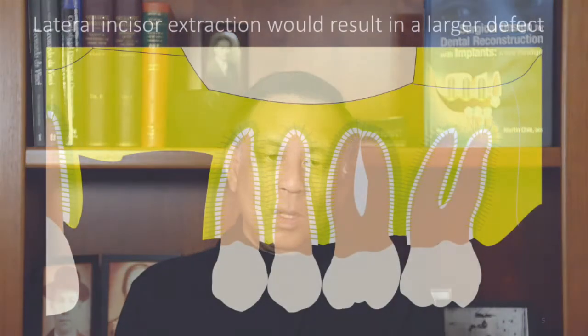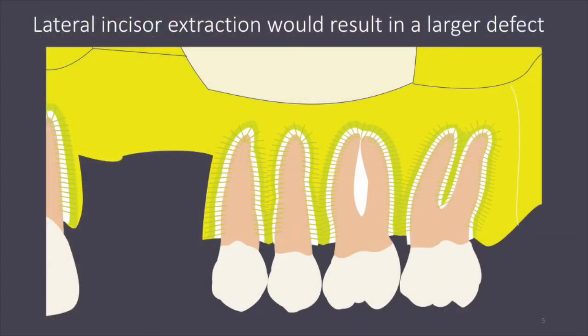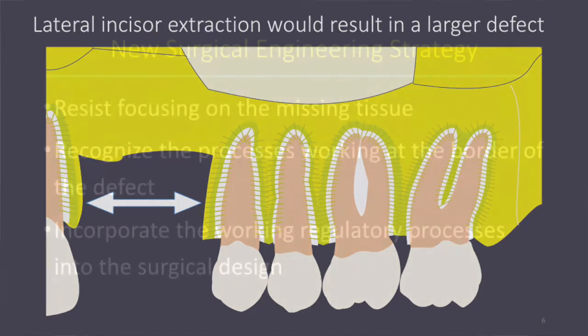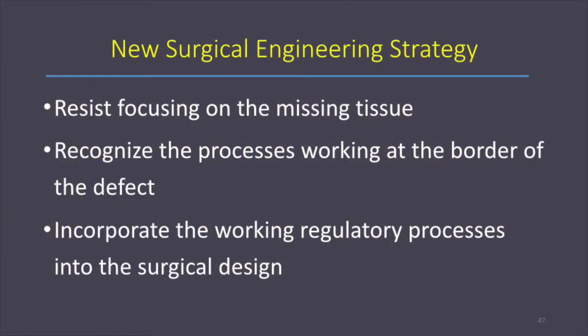So one choice would be to extract the lateral incisor and then attempt to bone graft over the larger gap. However, you are still missing too much soft tissue to be able to augment the ridge very easily. So in this situation, we want to consider a logical approach to treatment planning these kinds of problems.